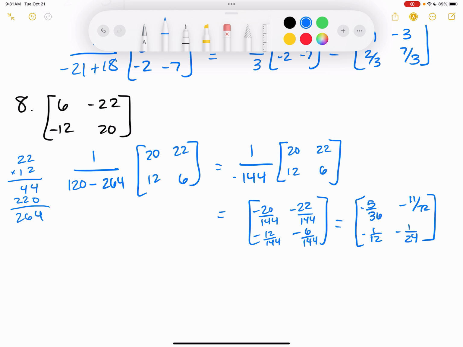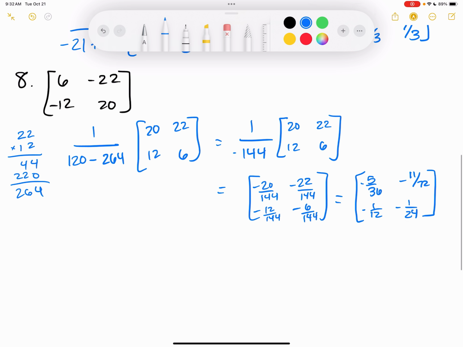Okay. 536, 1172, 112, 124. They're all negative. Oh yeah, because it's negative. That helps. That's where I always mess up. I forget my signs.